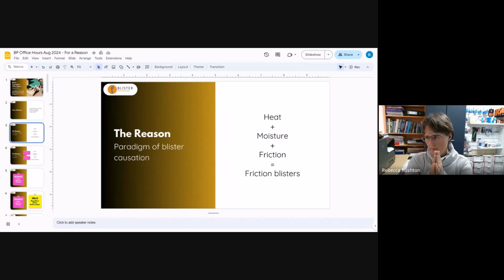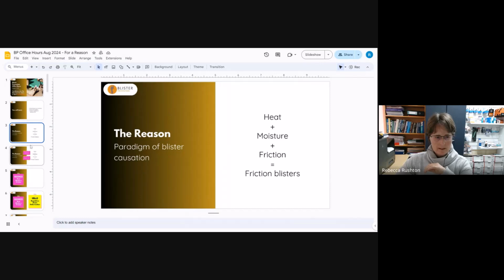The reason blisters continue to be so common is because of this entrenched, and on the surface intuitive, paradigm of blister causation, which is heat, moisture, and friction. Whether you're a podiatrist or not, this is the paradigm we grew up with and that we were taught, and it's hard to see past it.